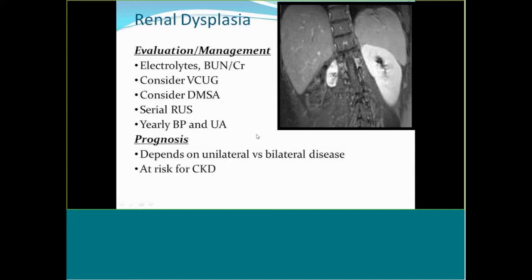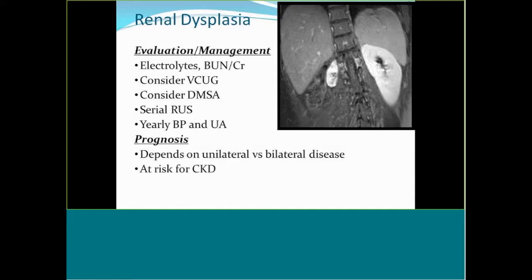And the way we evaluate these kids once they're born is you want to check electrolytes, you want to consider doing a VCUG because, as I mentioned, often the other kidney has an abnormality, so you want to rule out any reflux in that other kidney. Consider a radionuclide scan to look at function.